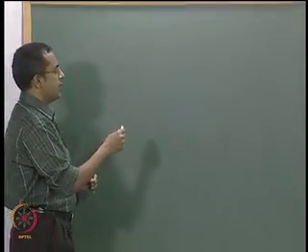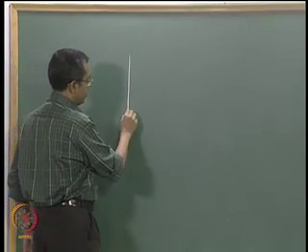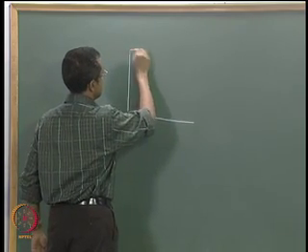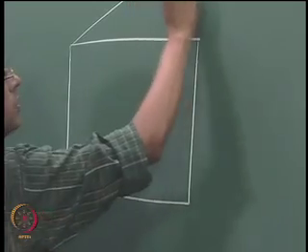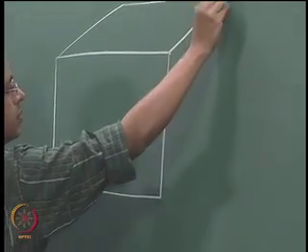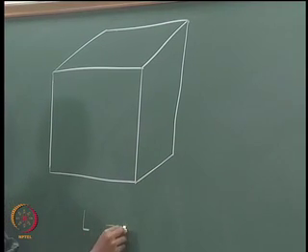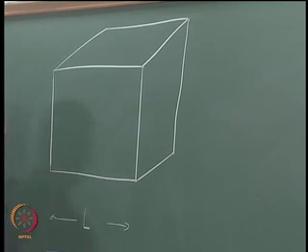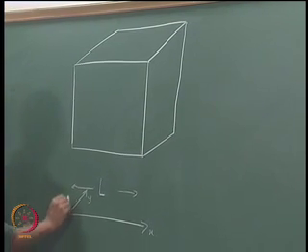So now let us take a volume, a box of side L, a cube of side L, and we will designate this as the positive x direction, and into the plane of the board will be the positive y, and the vertical direction would be z.